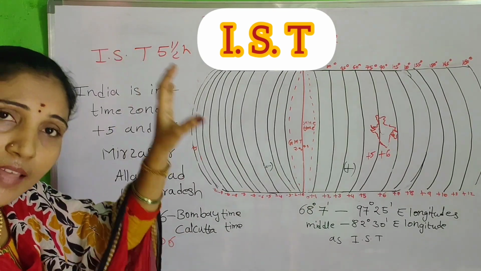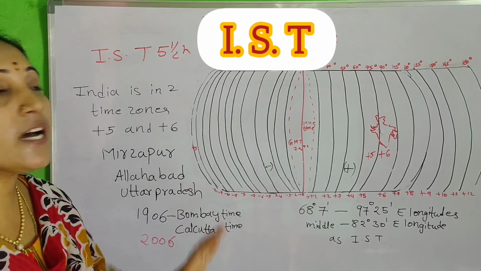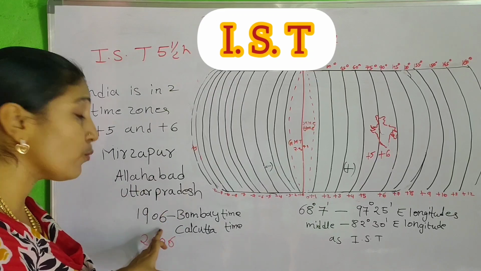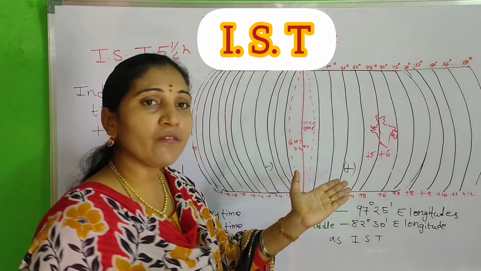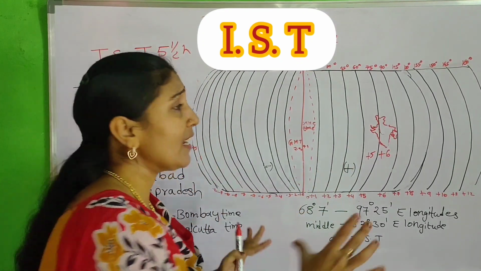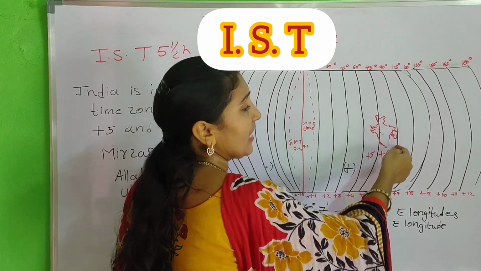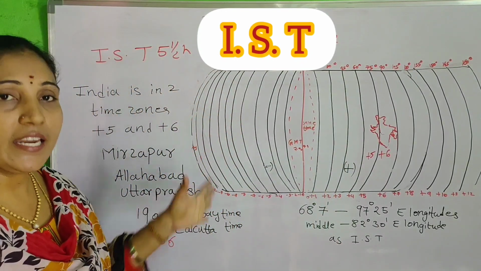So, based on that 82.5 degree east longitude, entire India follows the same time. But before 1906, what was prevailing? The differences in time. Bombay timing was different and Calcutta timing was different, because India is lying starting in the 5th zone and ending in the 6th zone. Okay, this is related to India.